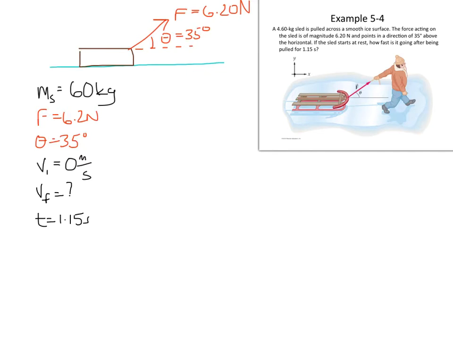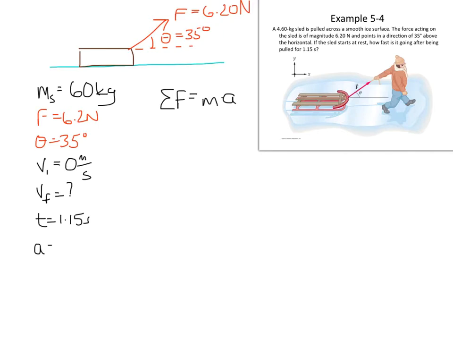Now remember, this is a section on forces. And what's our big statement about forces, especially Newton's second law? We say that the net force on an object equals the mass times acceleration. Now we're being asked to solve for a final velocity. If we have an initial velocity, a final velocity, and an amount of time, we should be able to state acceleration in terms of those.